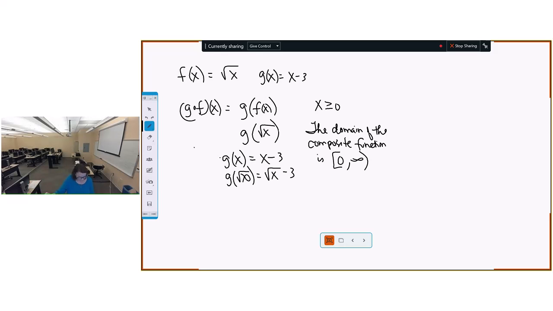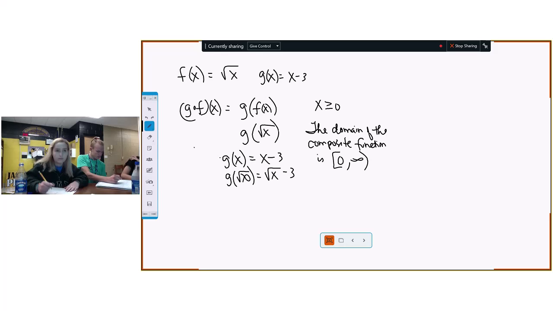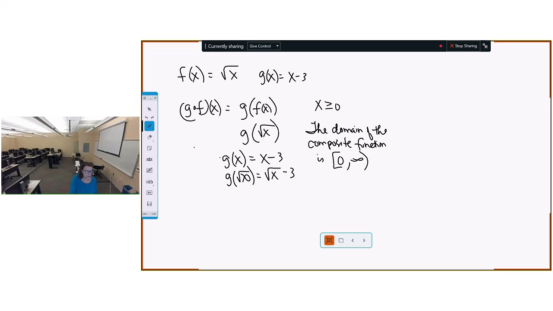Or I could have looked at the output of f of x being the input of g of x and looking at the intersection. So sometimes it's just easier to find the domain of the composite function.